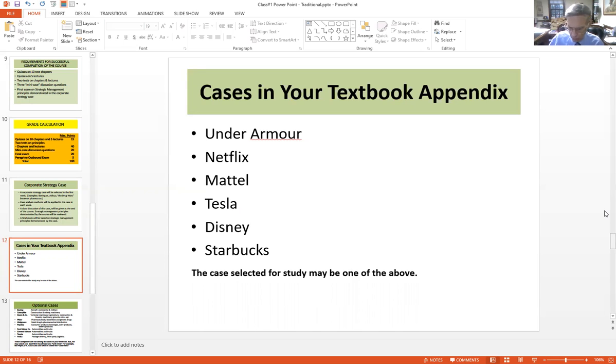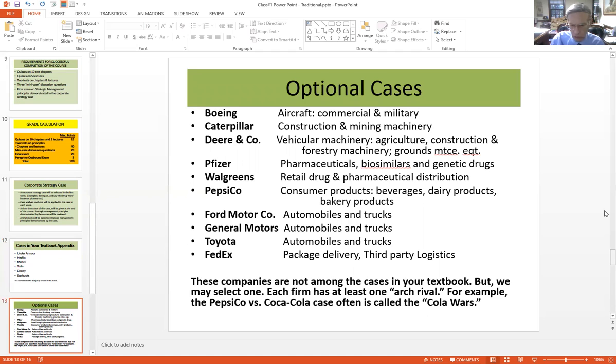So I mentioned that over the years I've looked at a lot of cases with students in my classes, and this is a short list of them. But you can appreciate what a large variety there is.